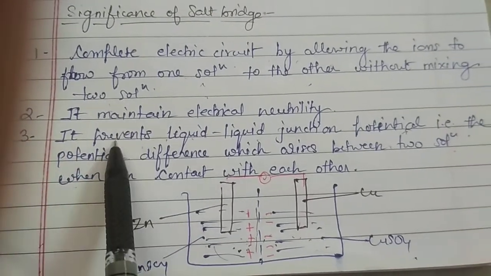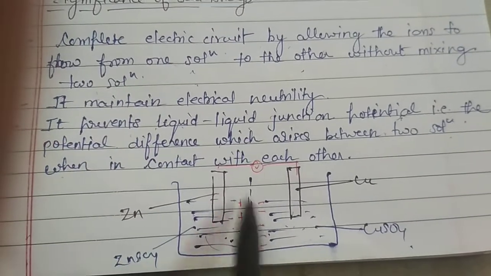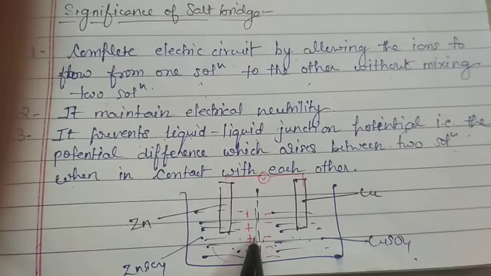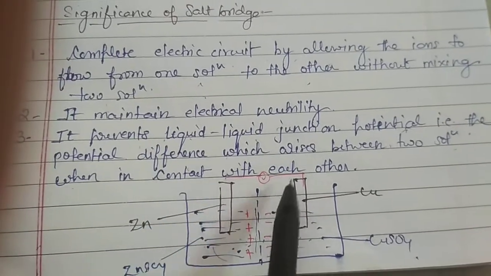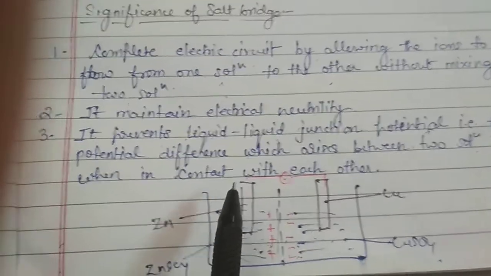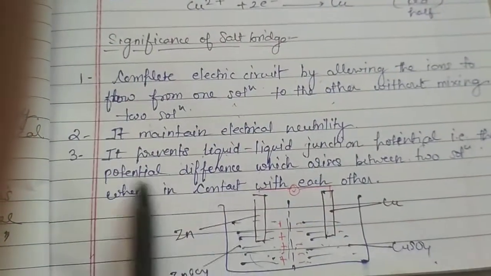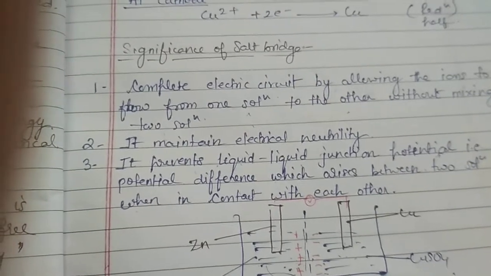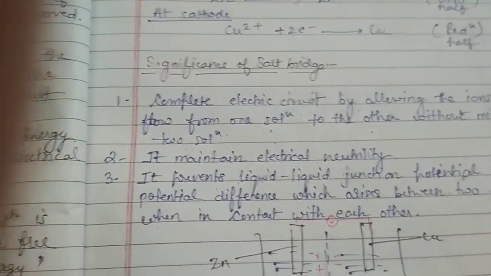So the salt bridge prevents this liquid-liquid junction potential, and the interruption of the flow of electrons is stopped. Like this, these are the significances of the salt bridge that are helpful for the working of the voltaic cell.